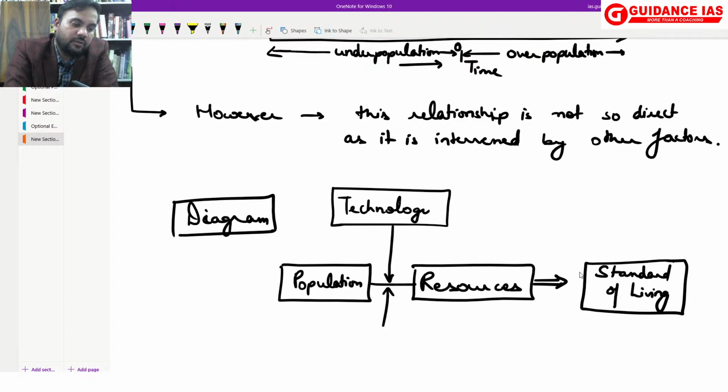technology, or second is the factor of affluence.